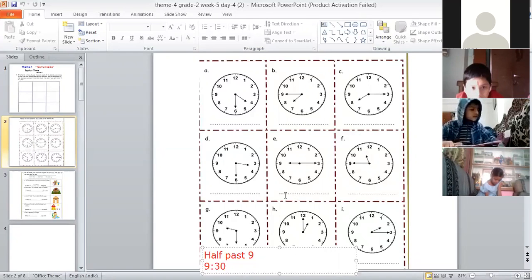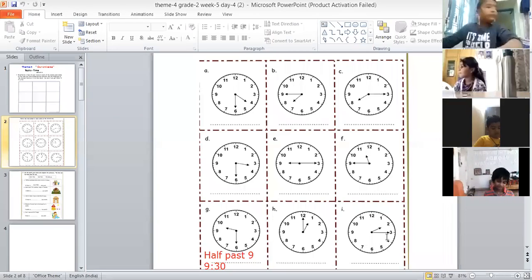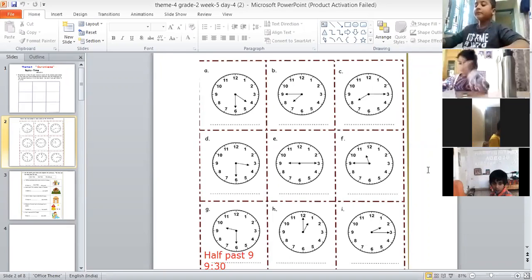Fine. Now next question, that is bit H. AVK Ganesh, what is the time? Eighth question, bit H. AVK Ganesh, tell me what is the time in the next clock?